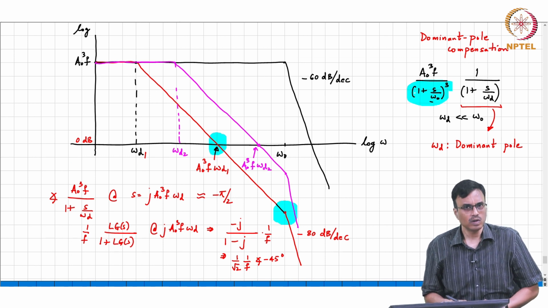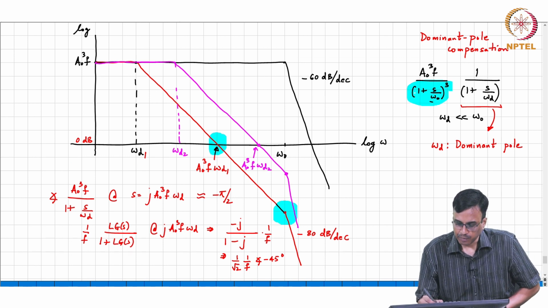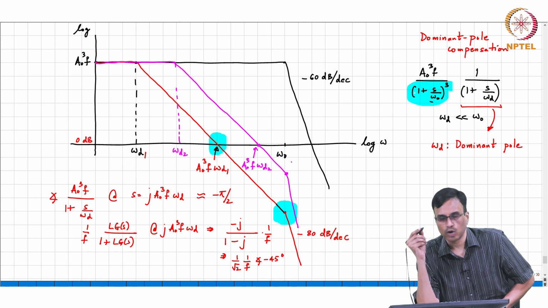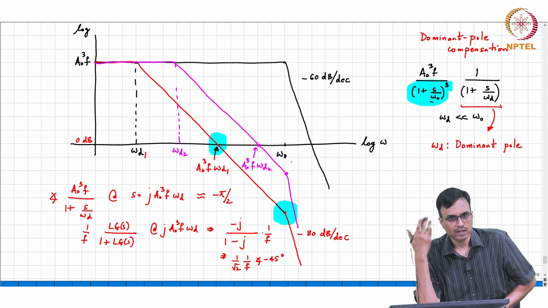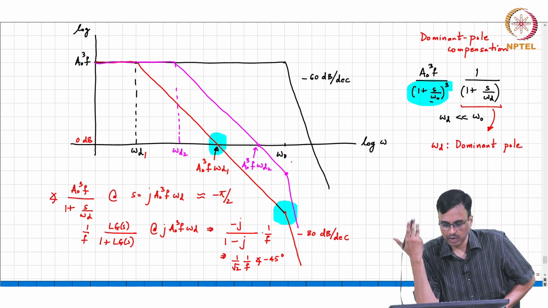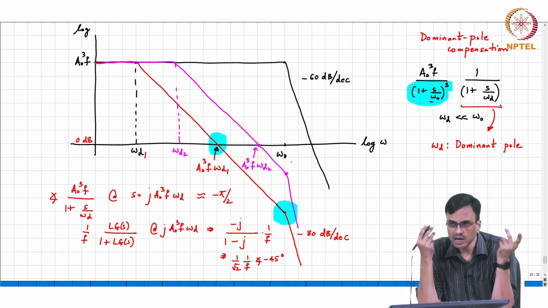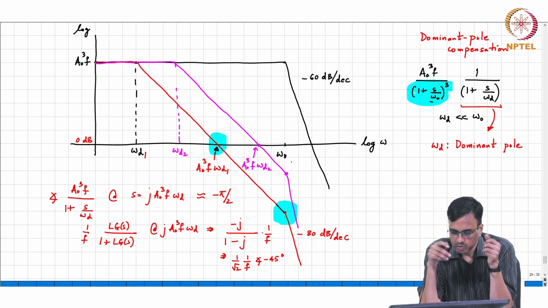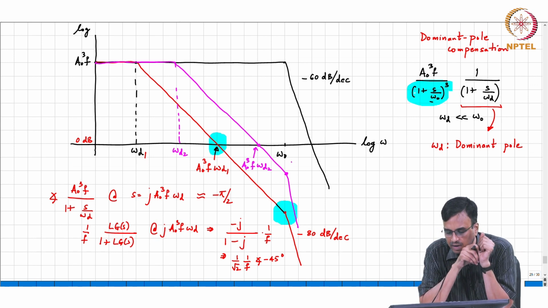Here also, at the frequency that the higher order poles kick in, what comment can we make about the magnitude of the loop gain function? It is also less than 1. So for all practical purposes, this also looks like a first order system. Now, what is the advantage of choosing omega d2 over omega d1?